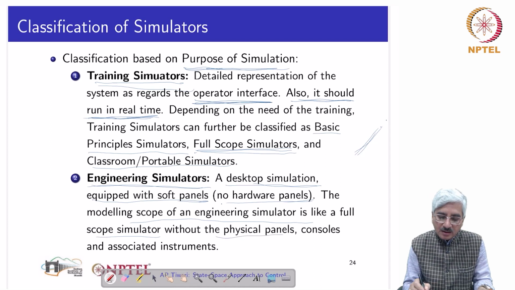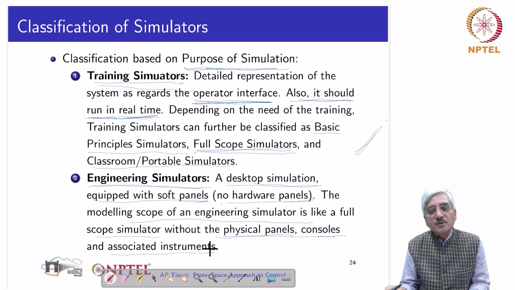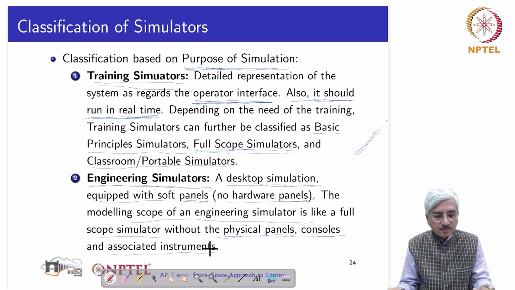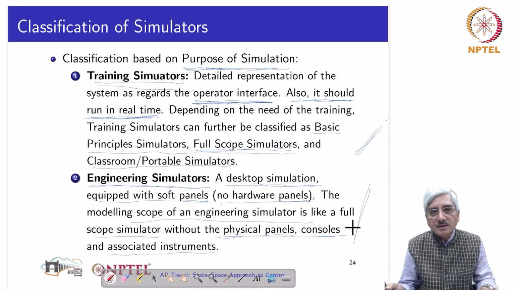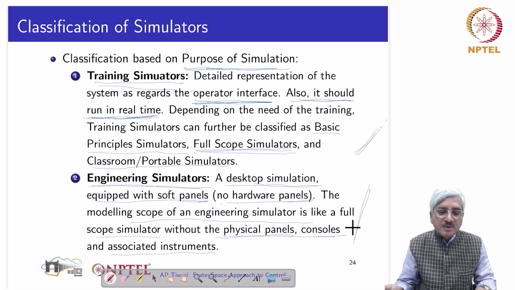However, here the difference is that we don't have physical panels, consoles, and associated instruments, indicators, alarms, etc. The aim here is to understand the system behavior and to generate some useful data regarding the system design.